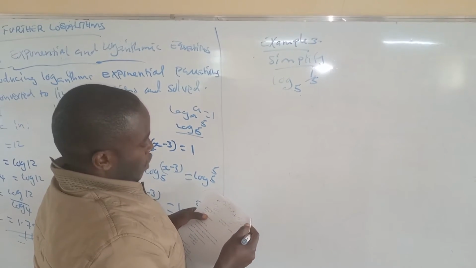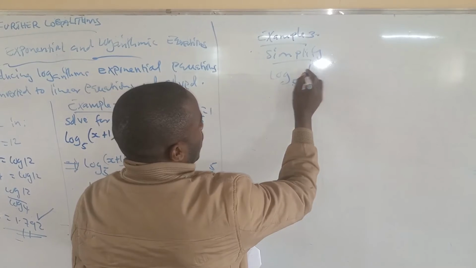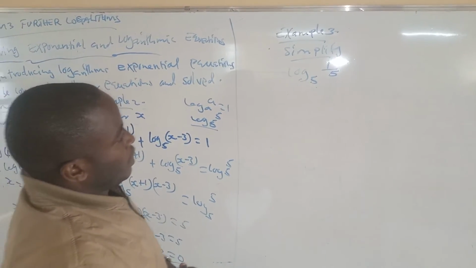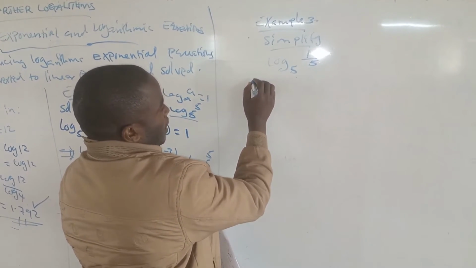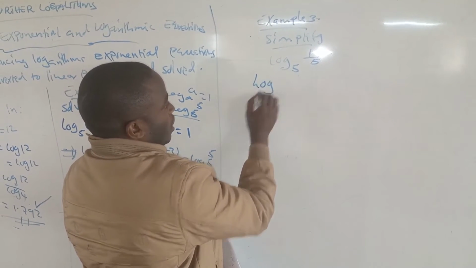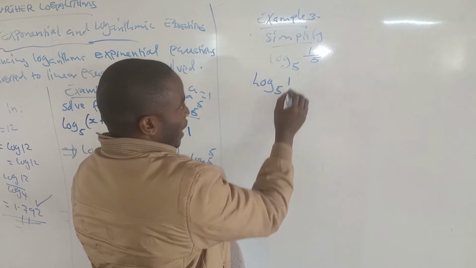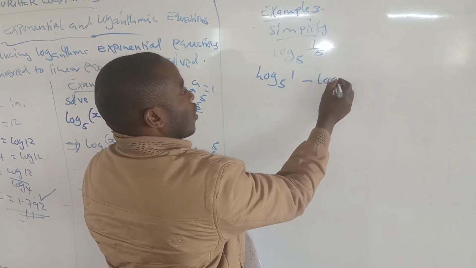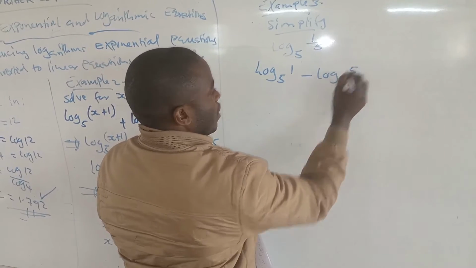Remember this is 1 divided by 5. So if we use the laws of logarithm, we can say it is log base 5 of 1, minus, because it's the division, log base 5 of 5.